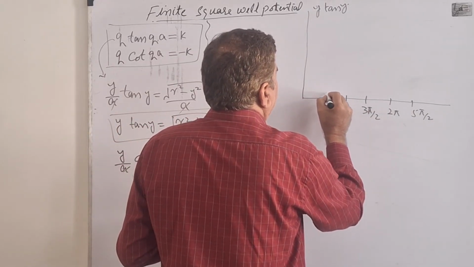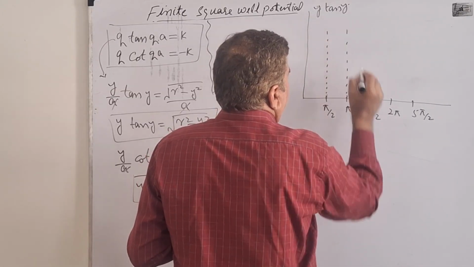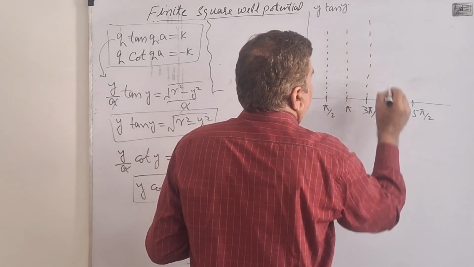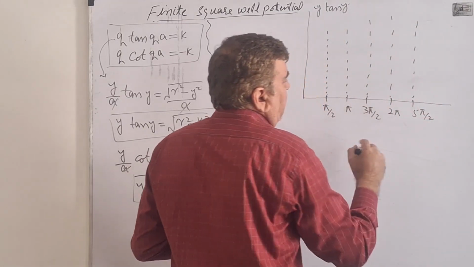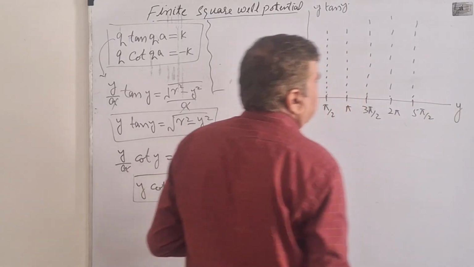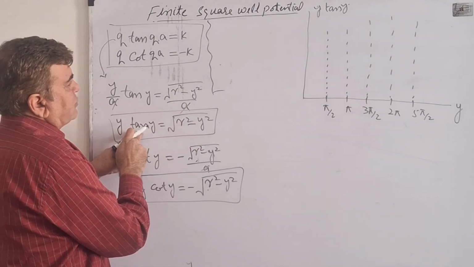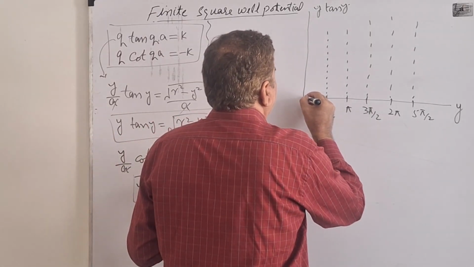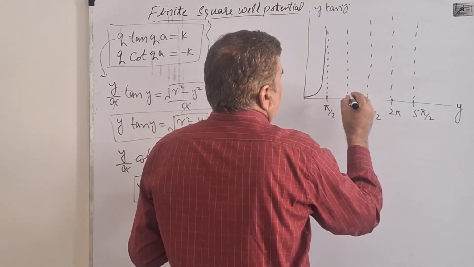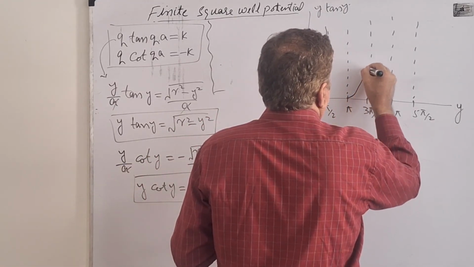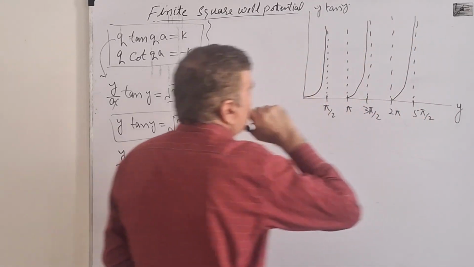I take vertical lines like this, like this, like this, and I take y along the horizontal. If I plot this side of the equation against y, I get curves like this for different values of y. These are the asymptotes. So for this, it goes like this. For this, it goes like this.